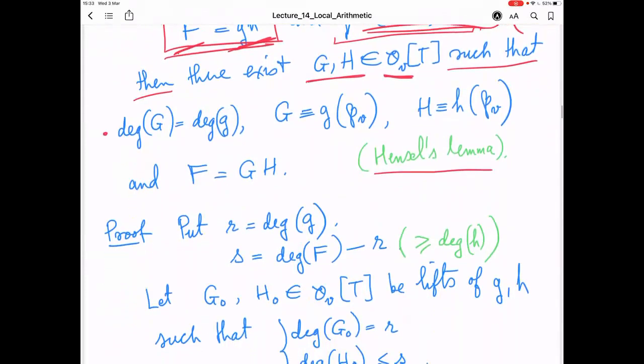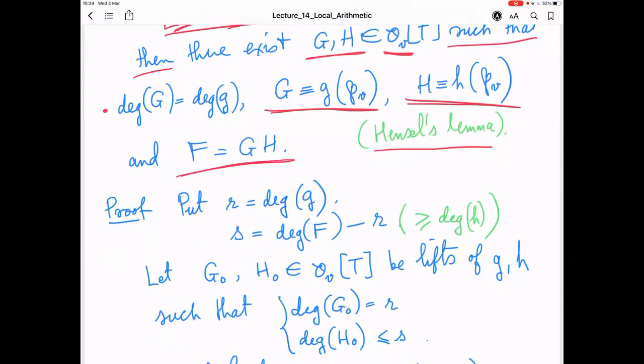First of all, the degree of this capital G should be equal to the degree of little g. Secondly, capital G should be congruent to little g modulo PV. Similarly, capital H should be congruent to little h modulo PV. And finally, F should be equal to the product G times H.